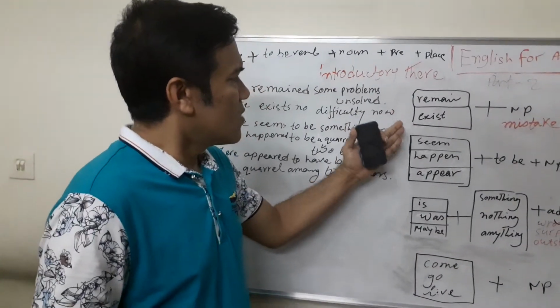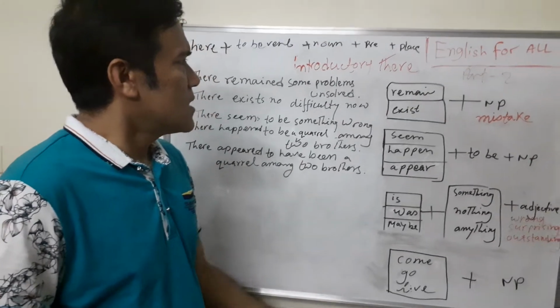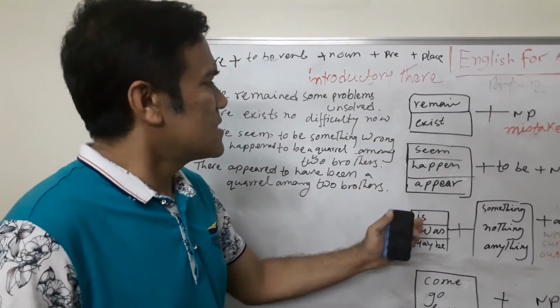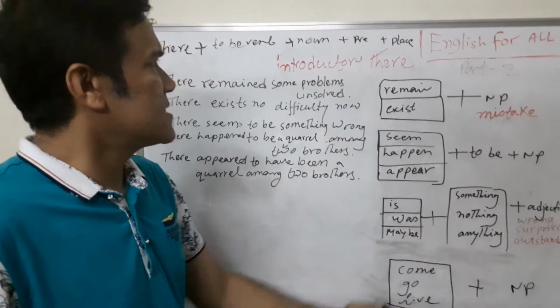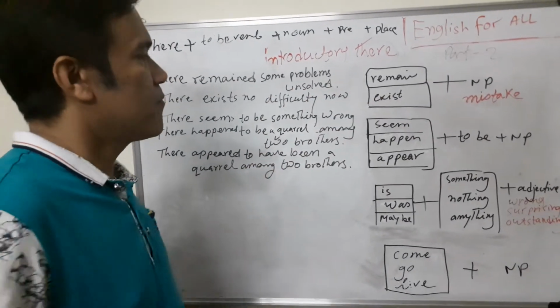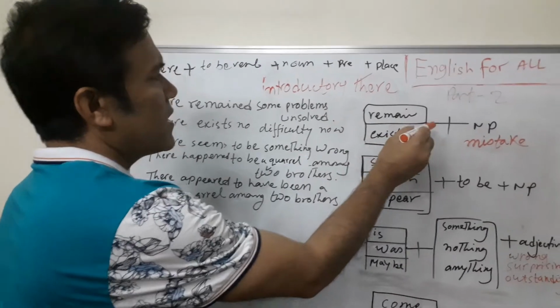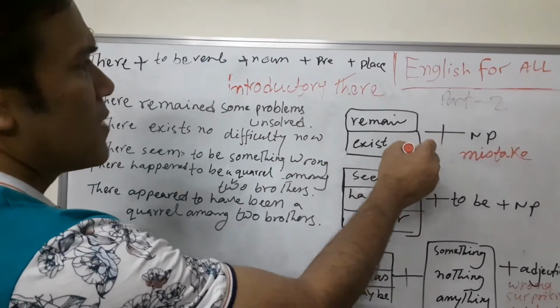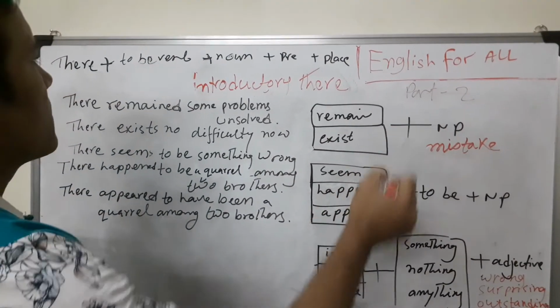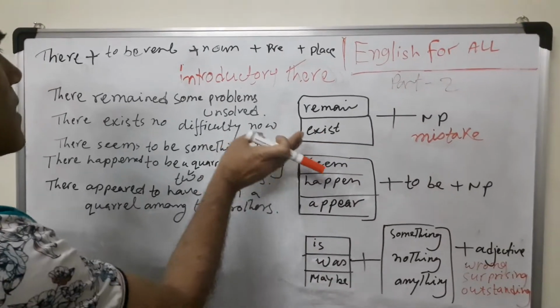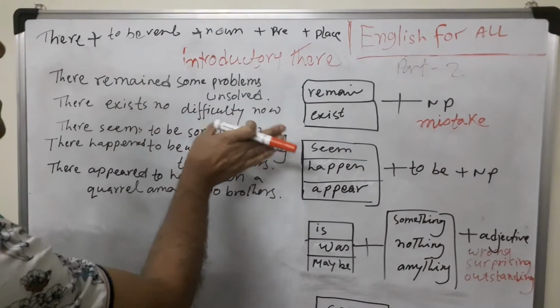Here are 4 structures. By these structures, you can make sentences using introductory there. First one: there remain, there exist plus NP. Let's have a look at the examples.